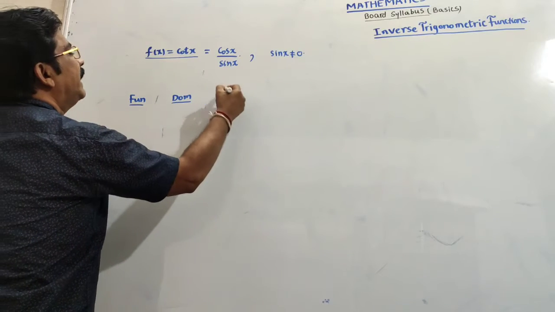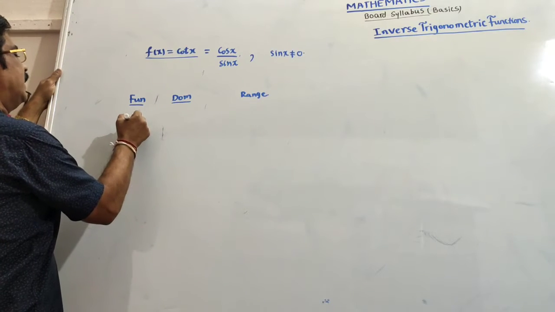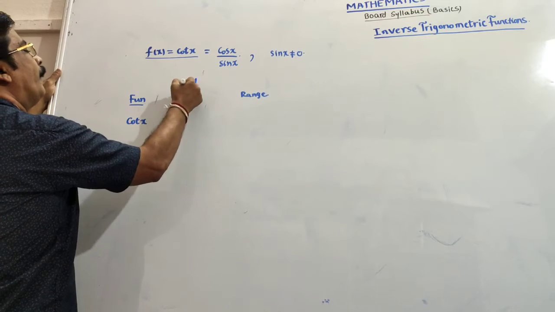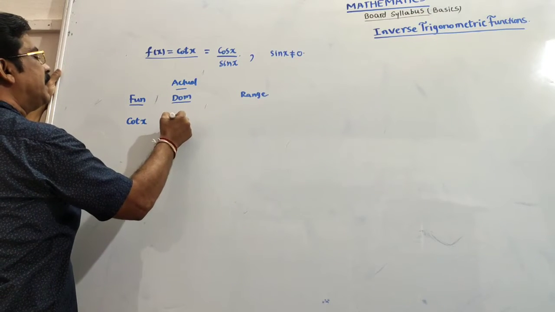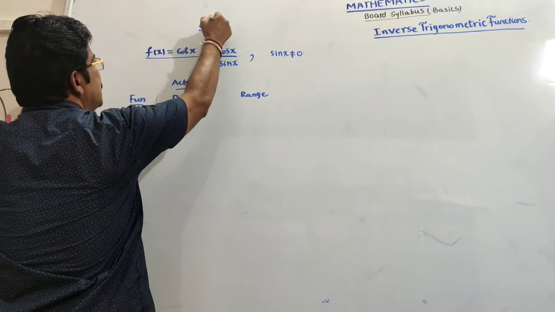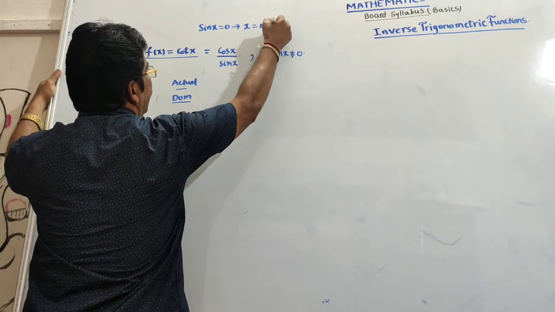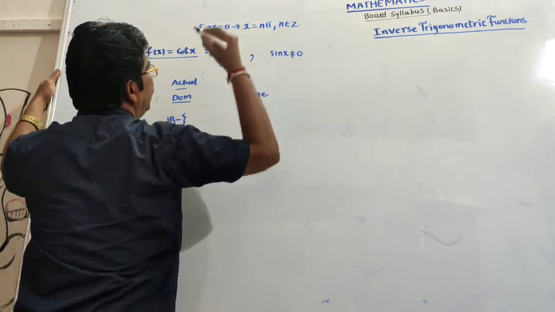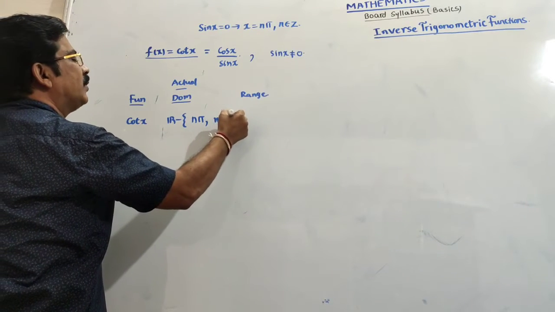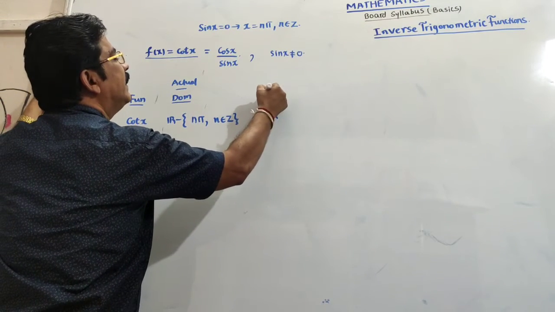Next, domain and range. The actual domain is capital R minus the values where sin x equals 0. What is the general solution of sin x equal to 0? x equals n pi, n belongs to Z. So the domain is R minus n pi, n belongs to Z. Range is capital R.